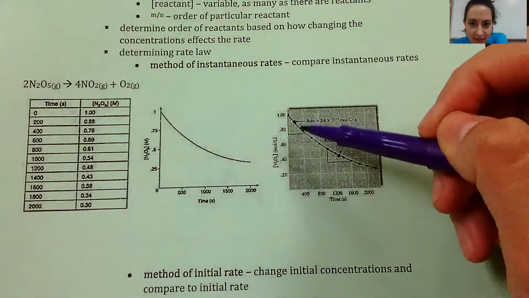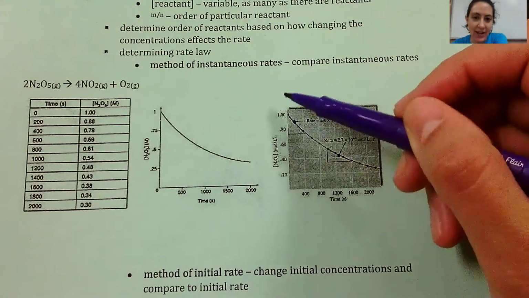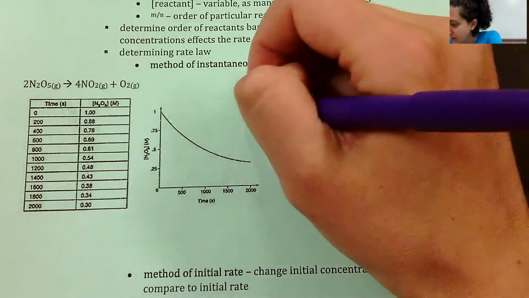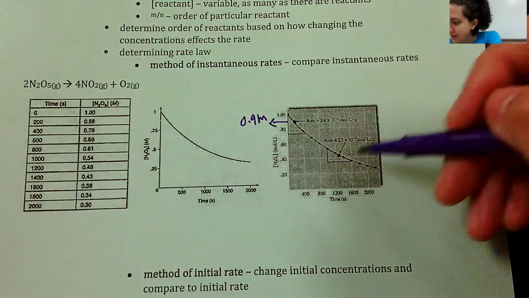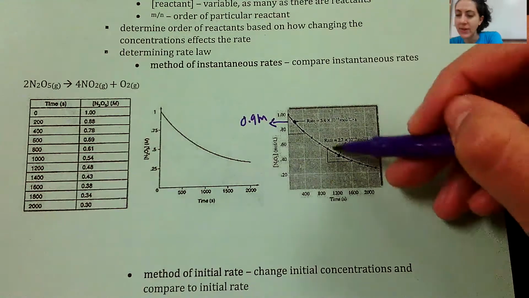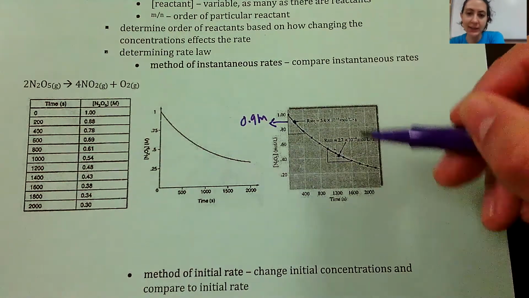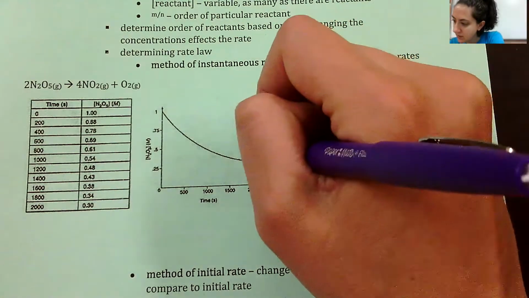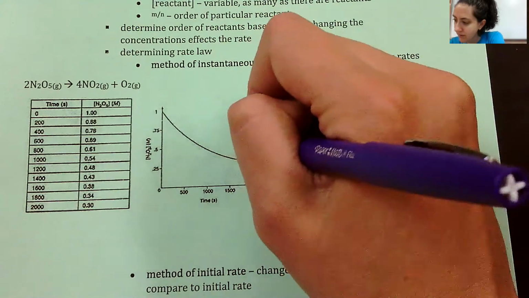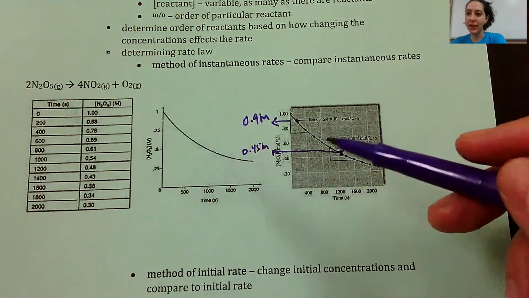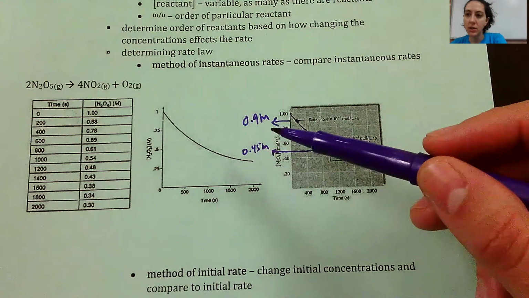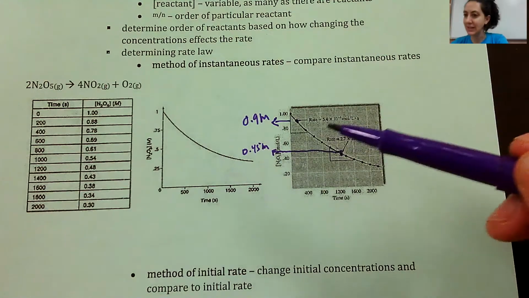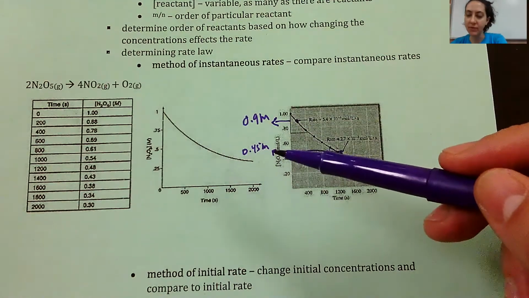Okay, so I think this is somewhere between 0.8 and 1, so I think this is supposed to be at 0.9 molar. And this one, the point they're trying to get the tangent for is a little bit above the 0.4, so it's probably going for like 0.45 molar. So in this particular case, the concentration at that exact instant is 0.9 and 0.45.